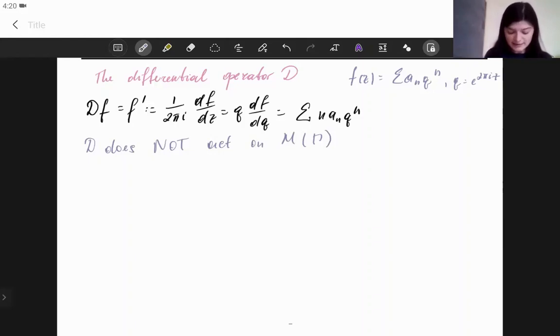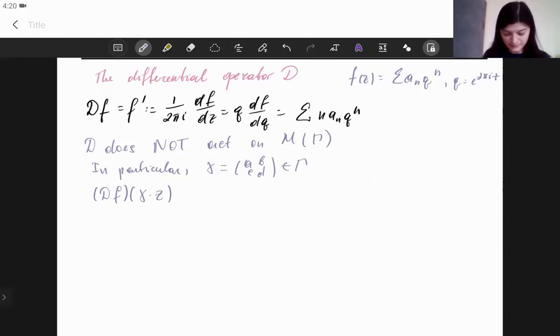So let's take a matrix (a b; c d) in gamma, and then let's look at what is Df of gamma dot z.